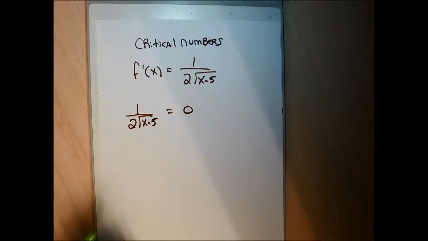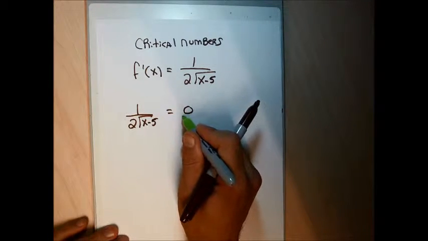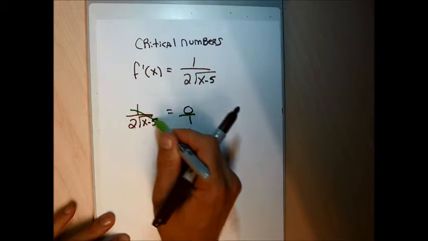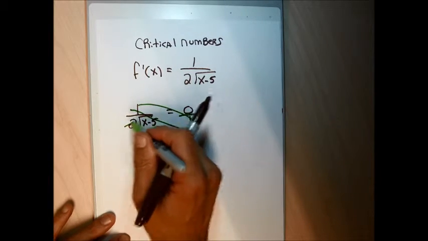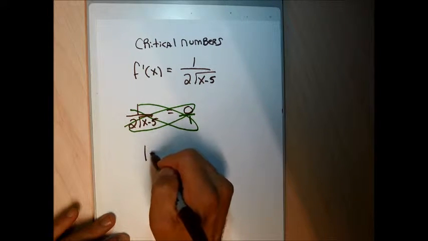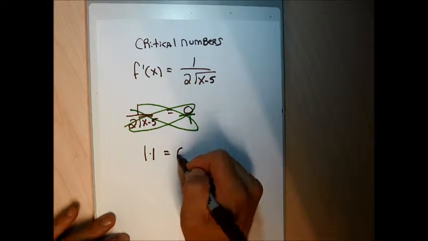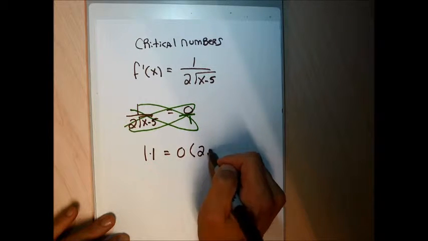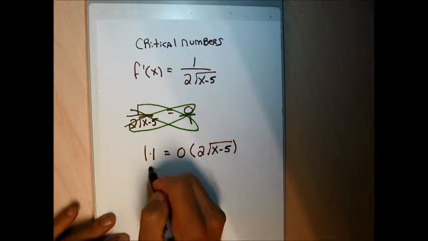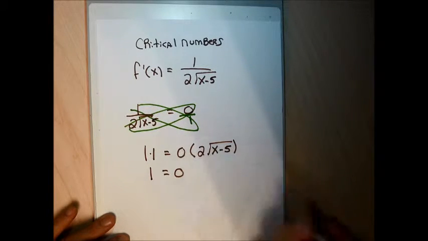To solve this, I'd probably write the 0 in fraction form by writing it 0 over 1, and then I'd cross multiply. Cross multiplying down, you get 1 times 1. Cross multiplying up, you get 0 times the quantity 2 times the square root of x minus 5. That's going to give me 1 on the left side, 0 on the right side.